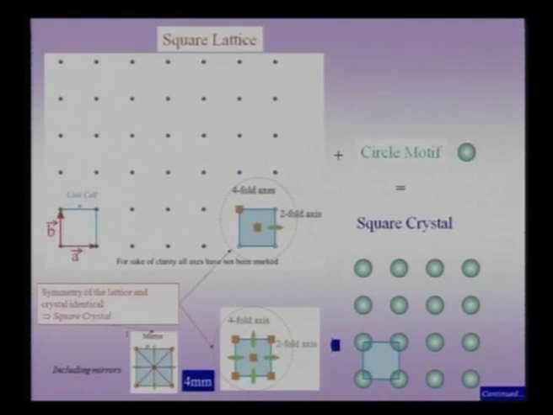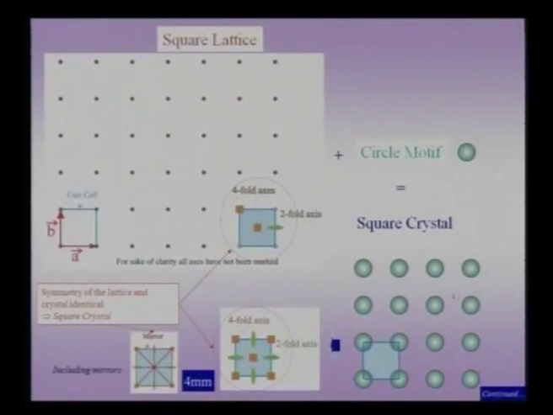Therefore, the symmetry of this lattice is 4mm, which happens to be identical to the symmetry of the crystal. The symmetry of the crystal is as well 4mm. Therefore, the symmetry of the lattice and the symmetry of the crystal are identical, and the symmetry happens to be 4mm. When we make a listing of all the crystals, we will see that whenever I have a symmetry 4mm or a symmetry 4, such a crystal is called a square crystal, and therefore, I will label the crystal which I have generated here as a square crystal.